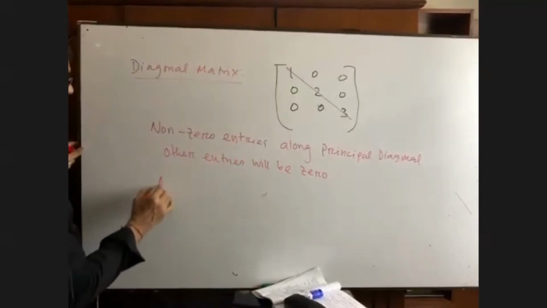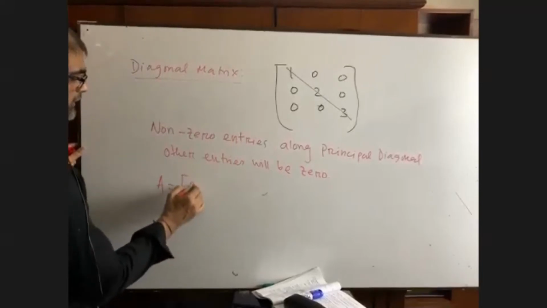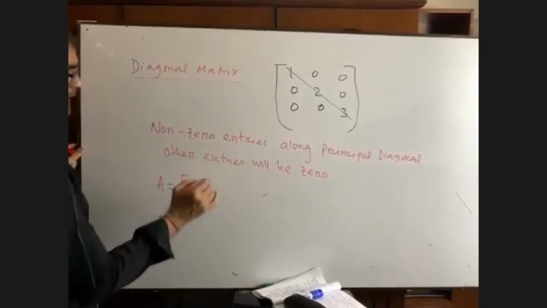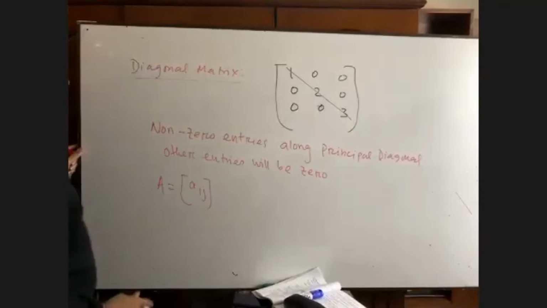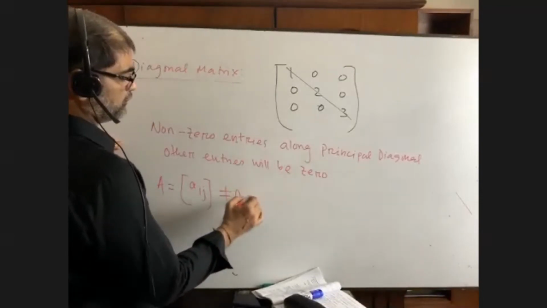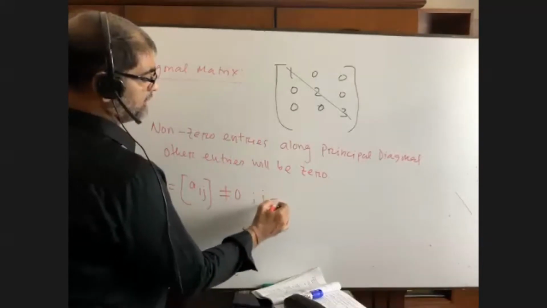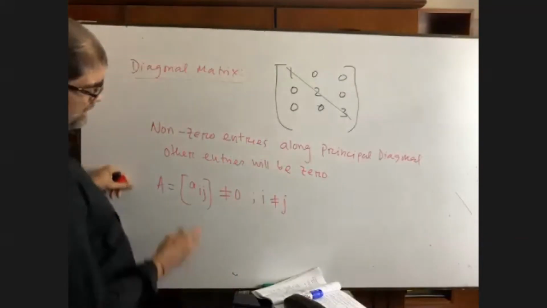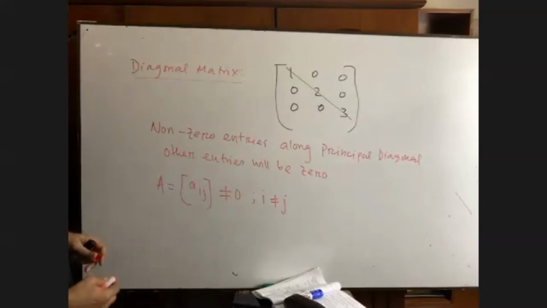Here, what is the condition? Write down: A is a matrix, Aij, where Aij is not equal to 0. Condition: i is equal to j. This condition many of you may not understand.